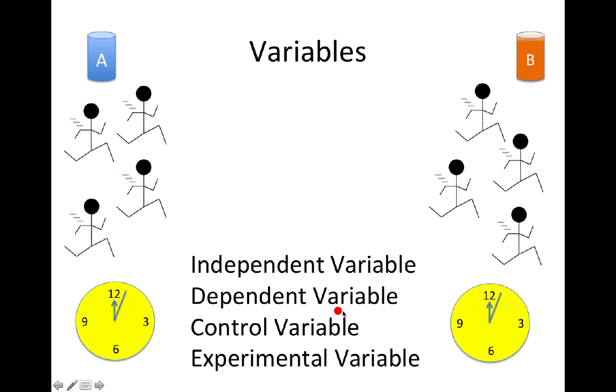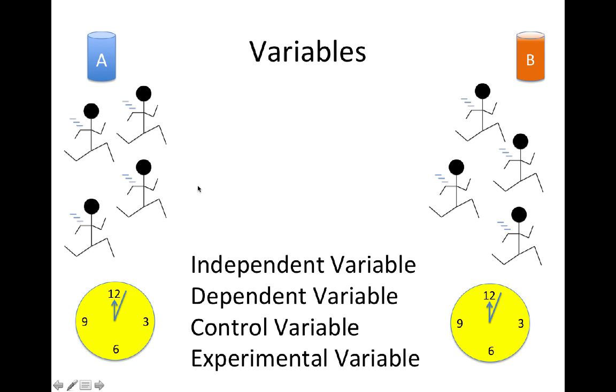The dependent variable then is the outcome that you measure. So the dependent variable depends on whether the independent variable will have an effect. So in this experiment, you might get two groups of people. You measure their running performance for both groups, and then you give them the sports drinks, and you see if their running performance increases.